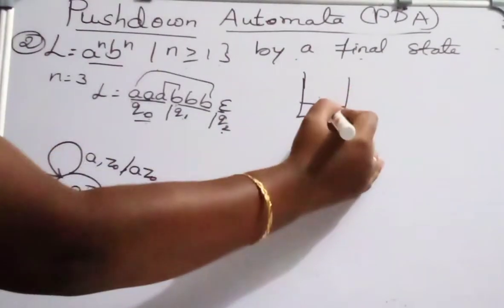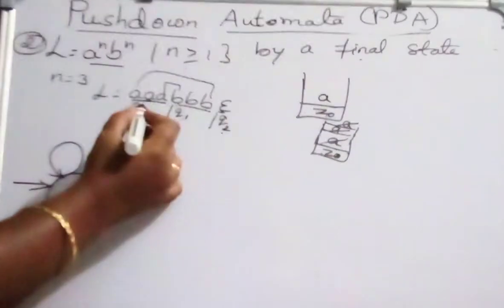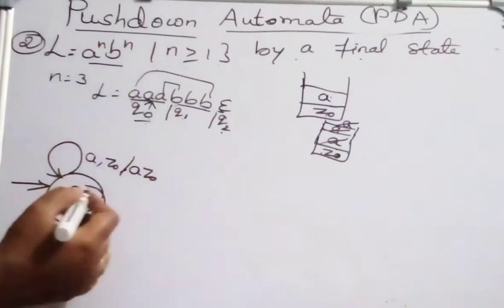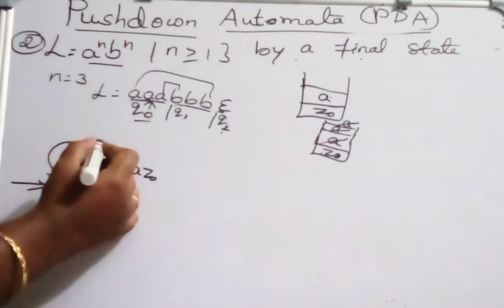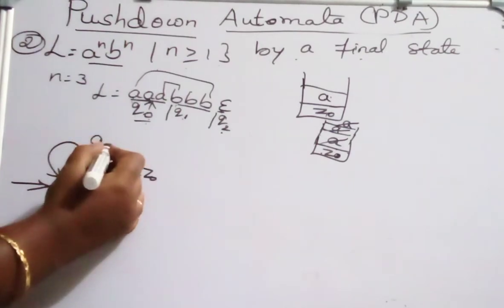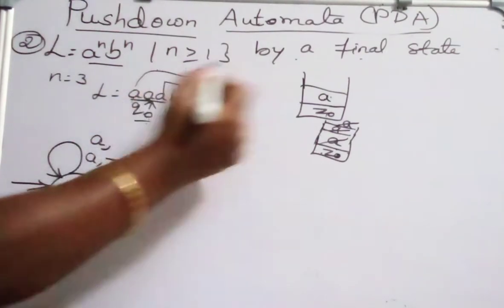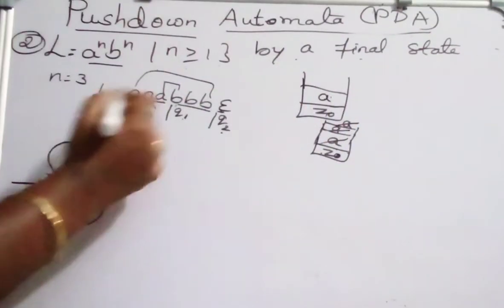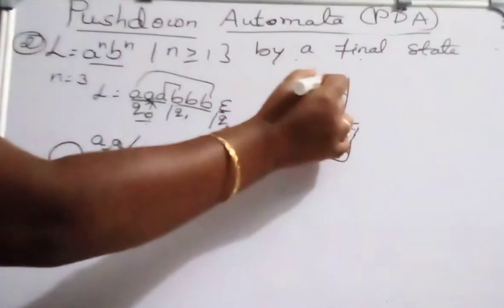And what is the next possibility? Initially there was Z0. Now I have pushed the first symbol A to the stack. What is my next symbol? A. So how do we write the transition now? When the input to be scanned is A and the top of the stack is A, it will push that second symbol A to the stack.